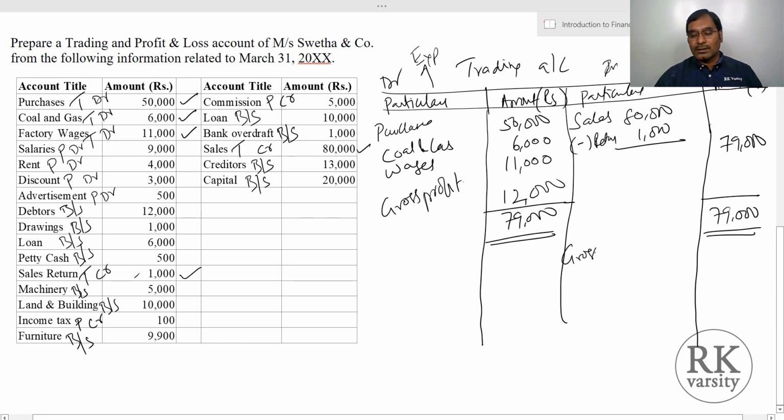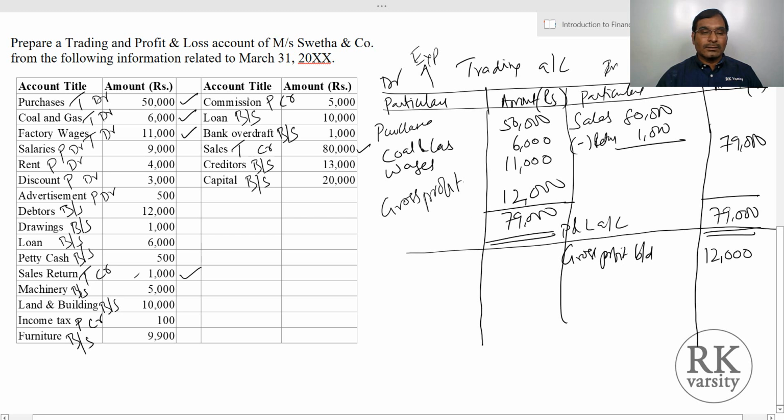Now here gross profit brought down, 12,000. And is there any credit item in your profit and loss account? So this we say is the profit and loss account now.